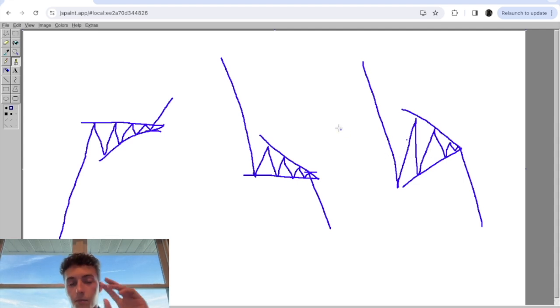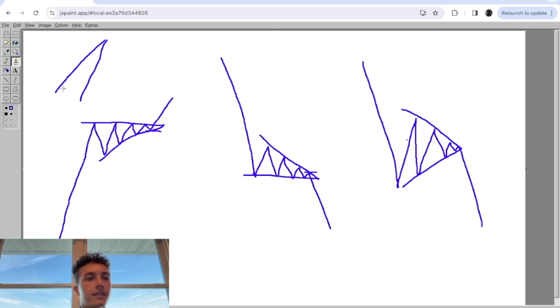But once again, to differentiate the ascending and descending triangle from the ascending and descending wedge, you have your flat top versus your uptrend on the upside and your uptrend on the downside. This is going to create overextension in the move, basically a squeeze where you're getting squeezed out of this flat top.